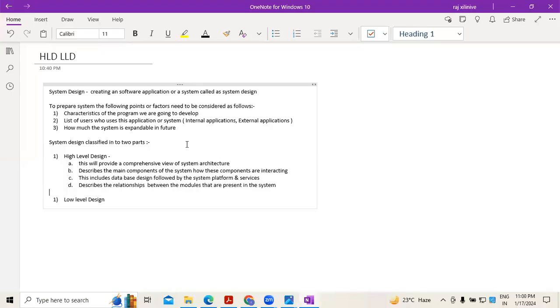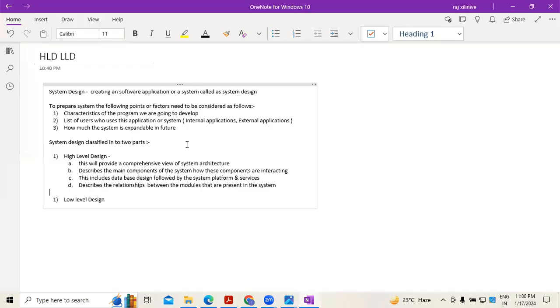In reference to the high level design, as I mentioned, we need to know the different components we are using and how these components interact. At the same time, we need to know what modules we are developing and how these modules are present in the system, right?